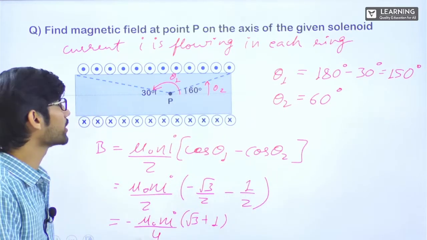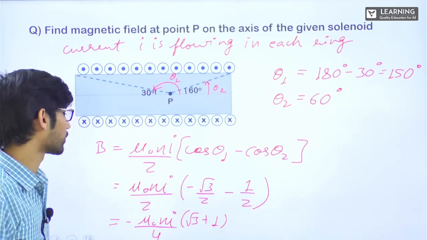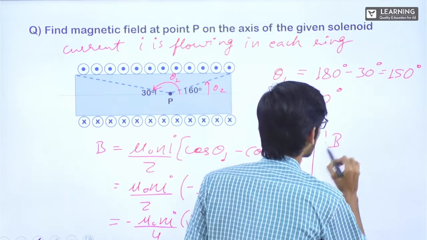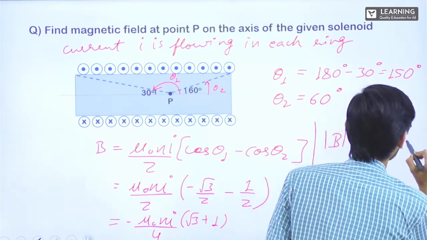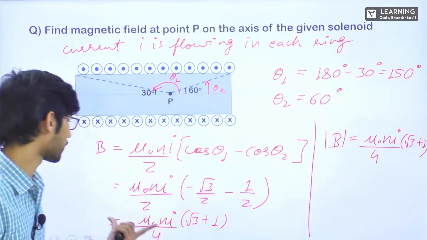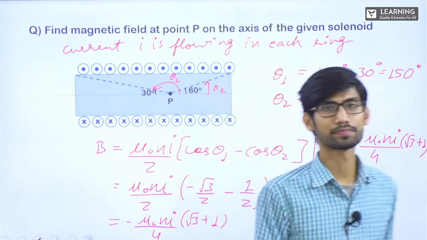Since we are seeing the direction from the right hand rule, there is no need to write this minus sign. You can directly write the mod of B is equal to mu naught Ni by 4 root 3 plus 1. You can write like this. Not a problem. Okay? Easy question.